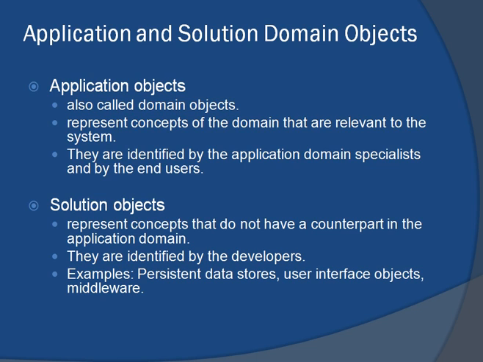They are identified by the application domain specialist and by the end users. Whereas solution objects represent concepts that do not have a counterpart in the application domain. They are identified by the developers only. Examples include persistent data stores, user interface objects, and middleware.